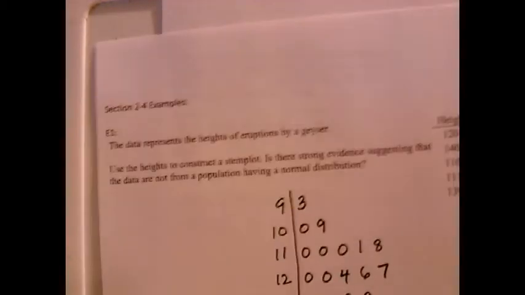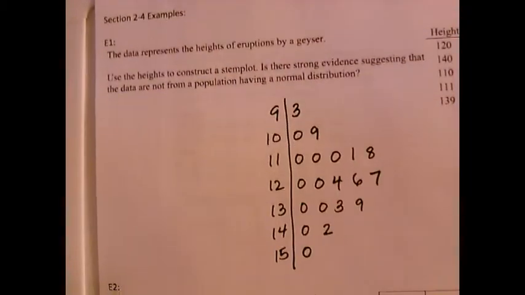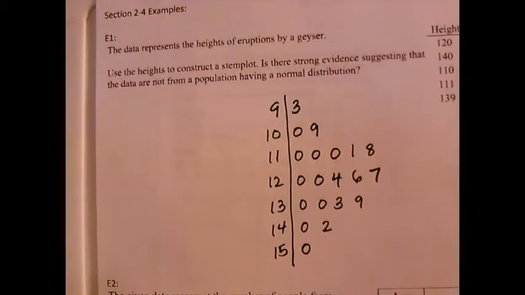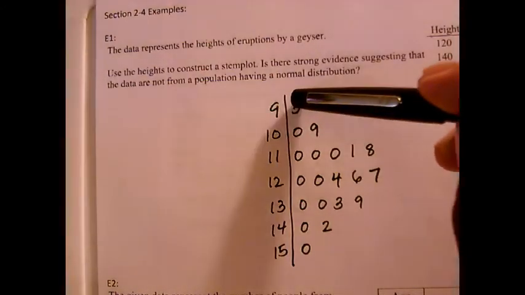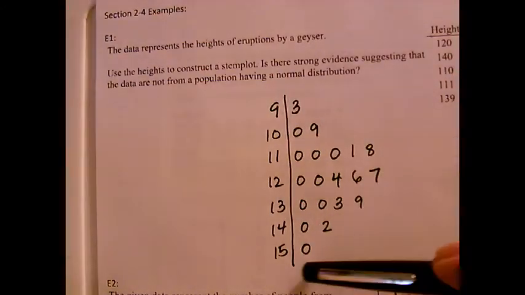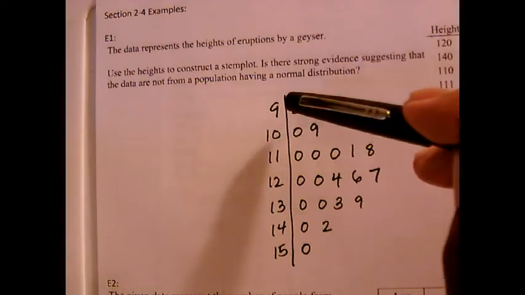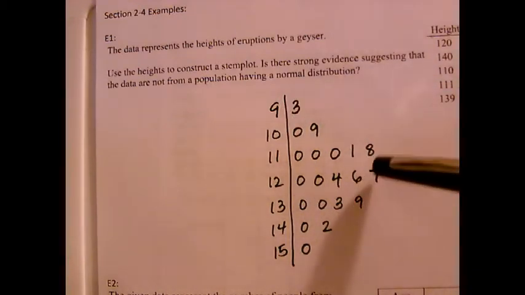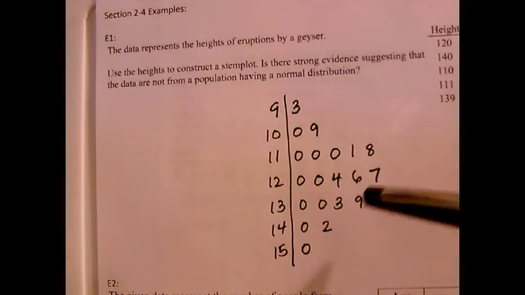Oh, by the way, let me go back to example E1, because I didn't answer the question. Is there strong evidence suggesting that the data are not from a population having a normal distribution? Well, take a look at this. This looks like it has a normal distribution because it starts low, and then it goes up to a couple of high data values, and then starts decreasing.